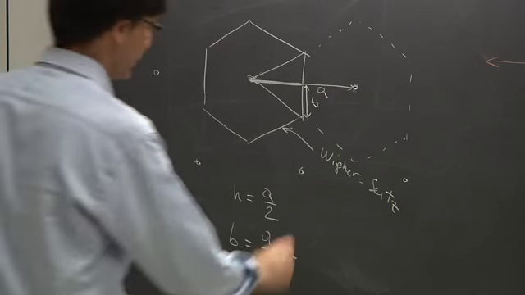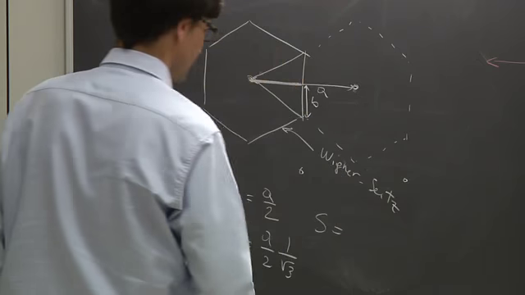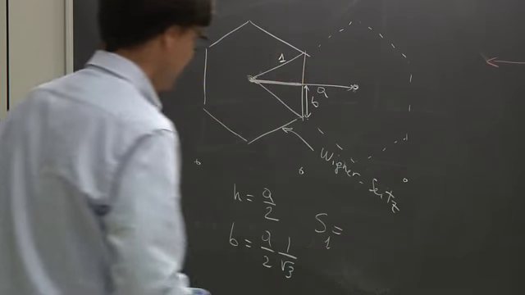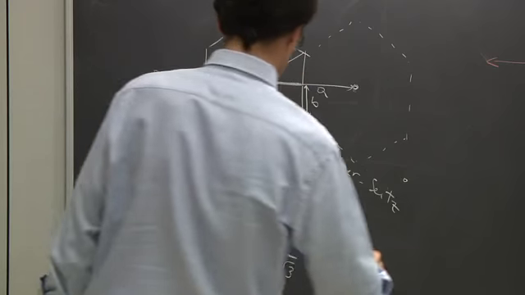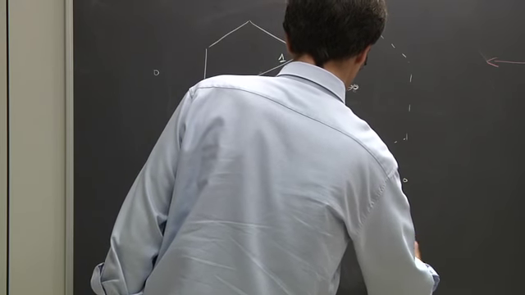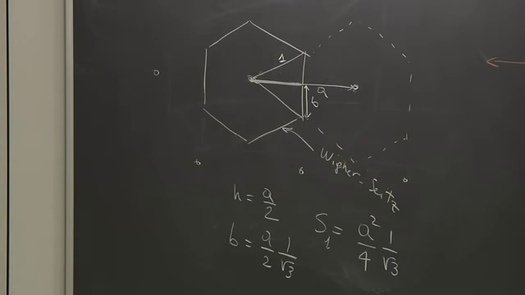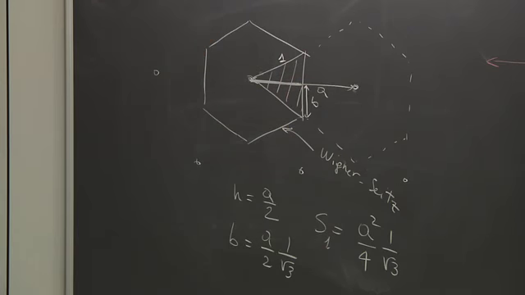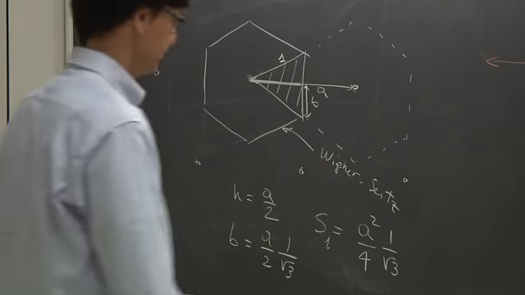And therefore, the surface of this triangle, let's say, let me call it 1, is going to be given by B times H. So A squared over 4, 1 over square root 3. So that's the area of this triangle. And then I simply need to multiply times 6.